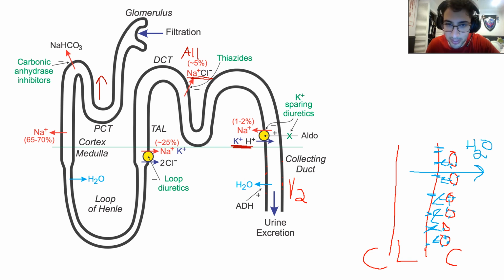All right? So usually the collecting duct is relatively impermeable to water, but in the presence of arginine vasopressin or antidiuretic hormone, when it binds to the V2 receptor, preformed aquaporin vesicles are going to insert into the membrane such that water can now cross.